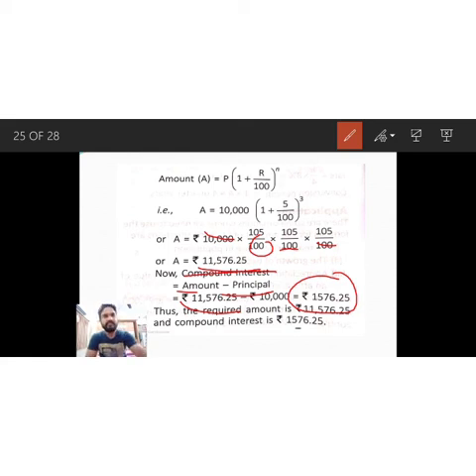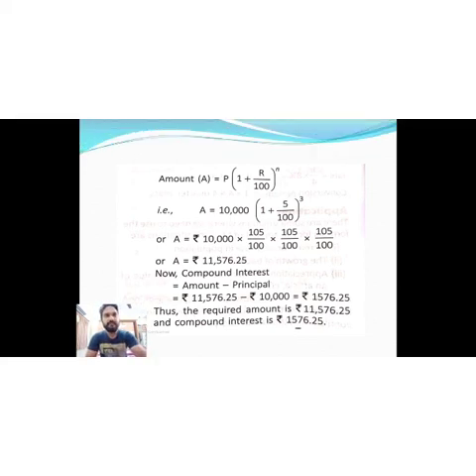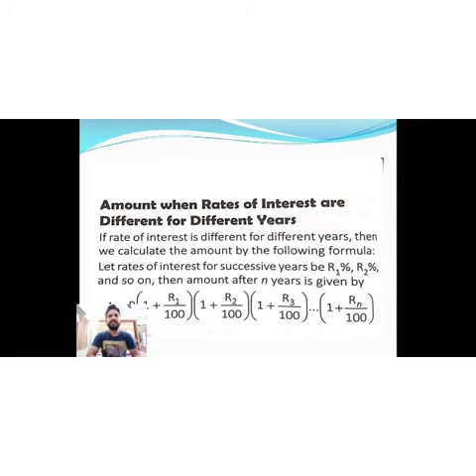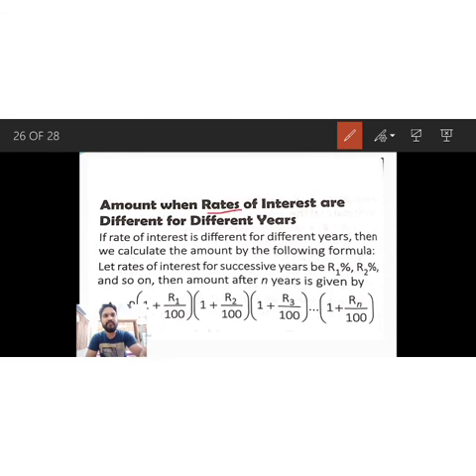So simply we have to put in the values in the formula, then simply do the multiplications. Now see, in compound interest there is another formula. If the rate of interest is different for different years, then we have the formula: 1 plus R1 upon 100 in bracket, 1 plus R2 upon 100 in bracket, 1 plus R3 upon 100.